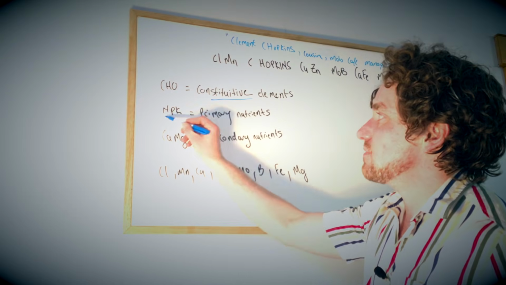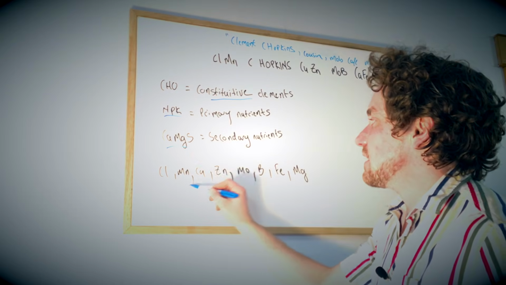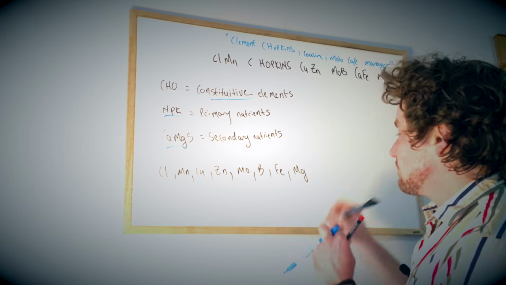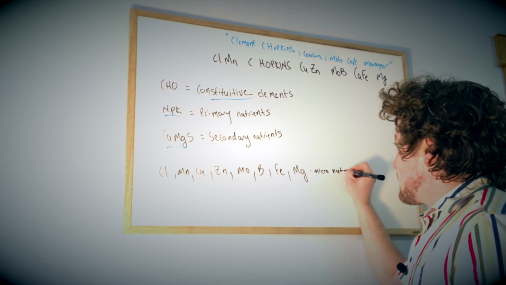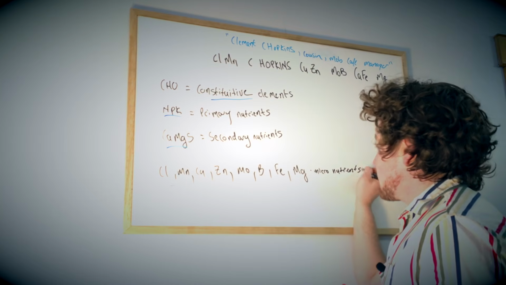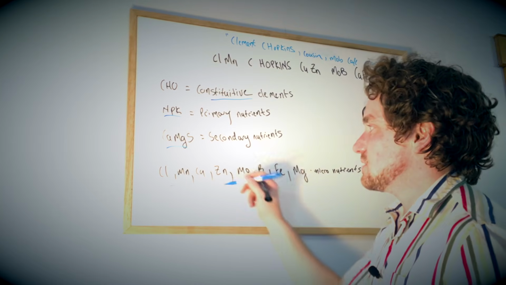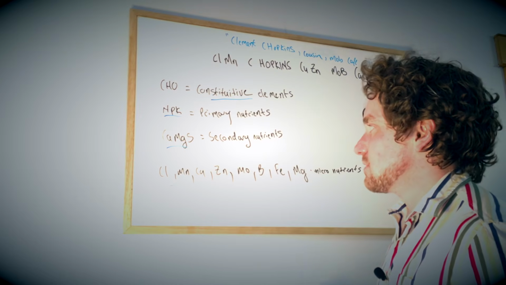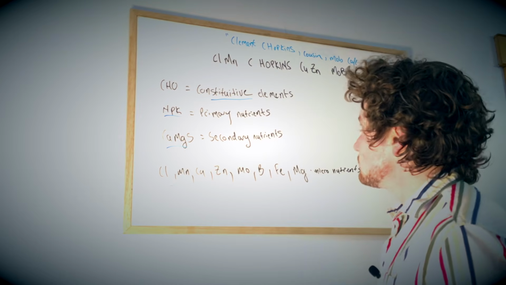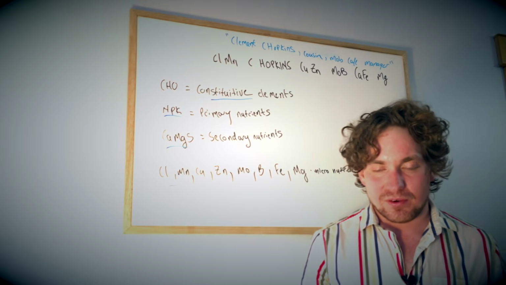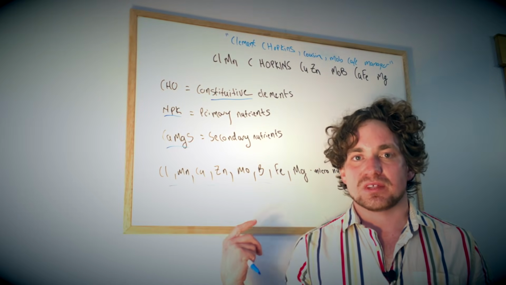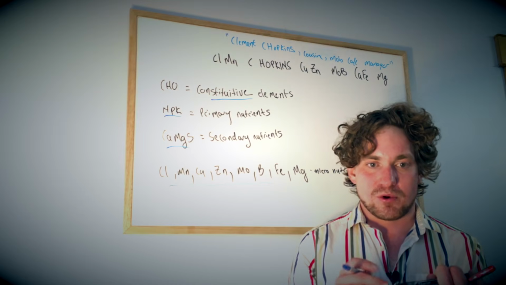And then you have primary, secondary, and micronutrients. Micronutrients are needed in trace amounts and are usually dissolved in water as minerals or metals. So you might ask yourself, well, why are all of these elements really important?